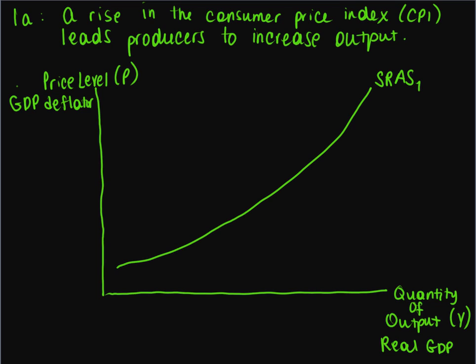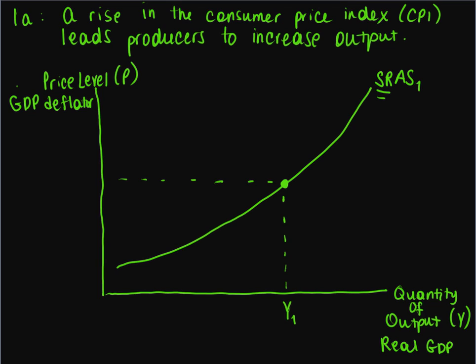They can't cut their production costs, not in the short run. Then, just for good measure, I'm going to pick a point on the short-run aggregate supply curve to help me consider the way we move. That point corresponds to a level of aggregate output, Y sub 1, and a price level, P sub 1.